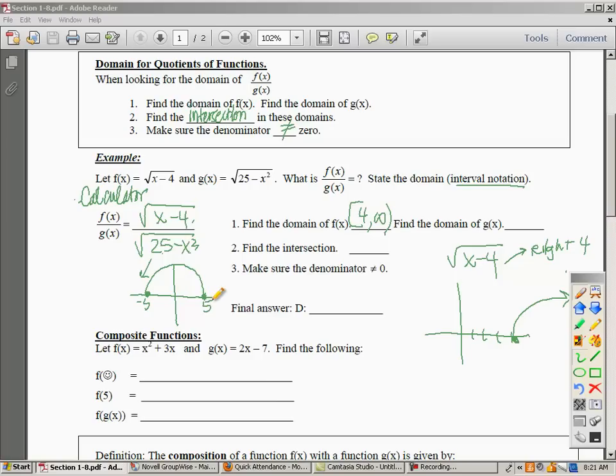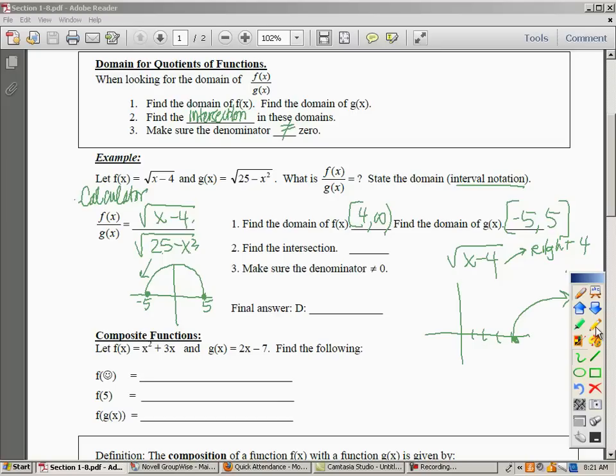So in interval notation, this is from -5 to +5, including both. Okay, and again, using your calculator is the easiest way to do this.